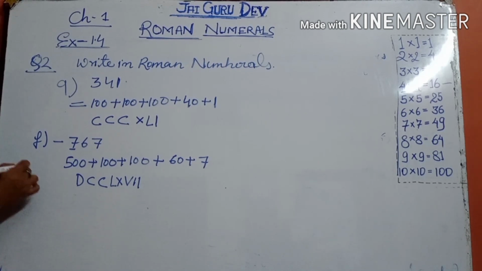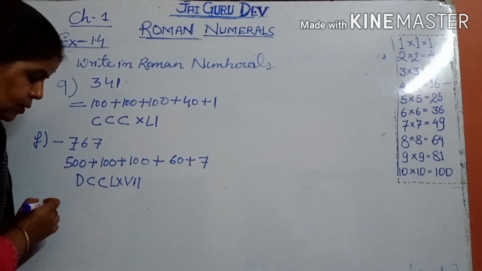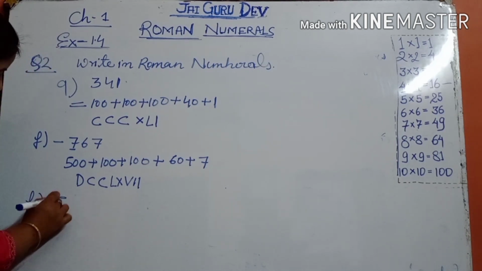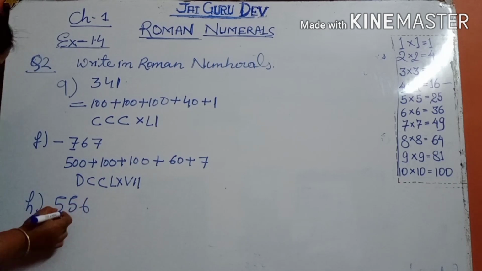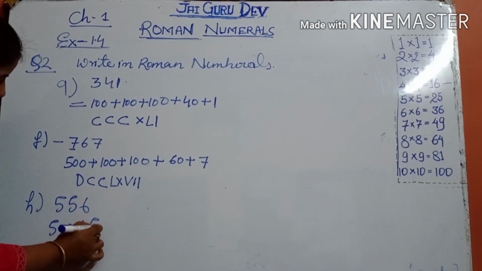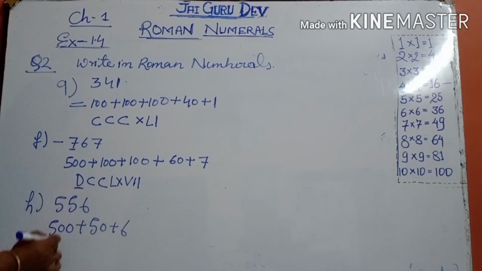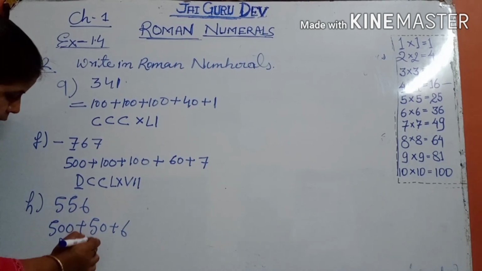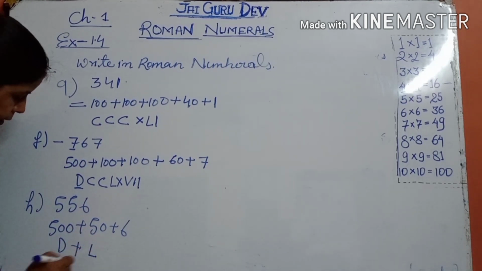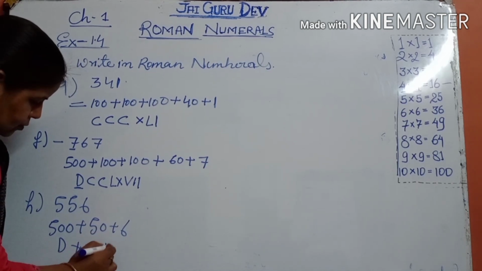One more question part I am doing, that is 556. It is of H part. How can I break it? 500 plus 50 plus 6. For 500 just now I used D. For 50 how can I write? L. And for 6 I can use, as everybody knows, VI.